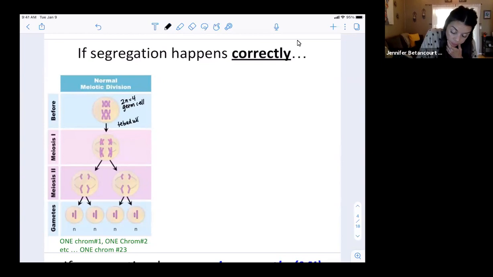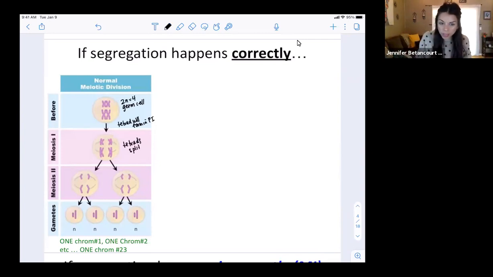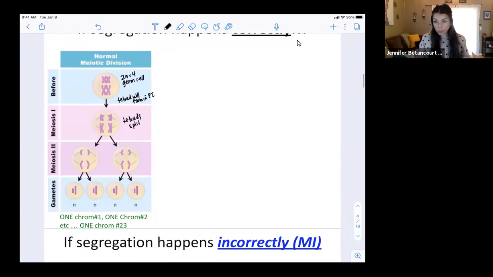Tetrads will form in prophase 1. And then in meiosis 1, the tetrads split, right? You can tell that this cartoon is showing us anaphase. They're being pulled apart.